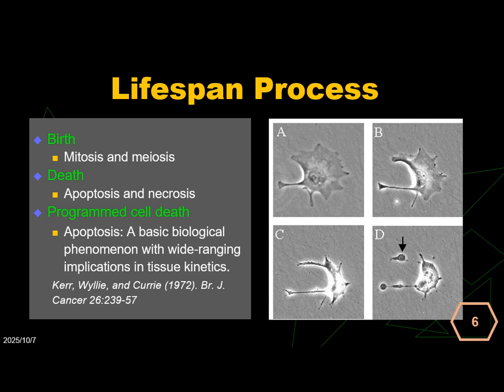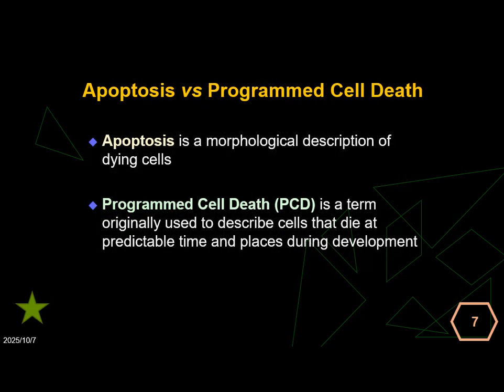There is a relationship between apoptosis and programmed cell death, but they are not the same thing. And I will try to describe the differences between these two using a diagram later. Not now. Later.